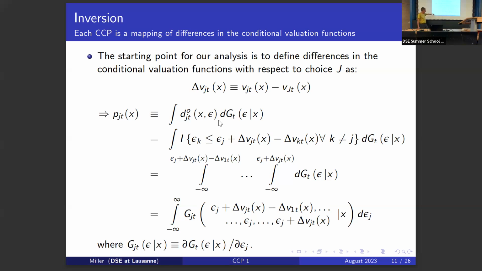In other words, define the derivative of the cumulative distribution function, by the cumulative distribution function for all the epsilons, given the x. Okay, different choices. Take the derivative of that thing. This is what the conditional choice probability is equal to.